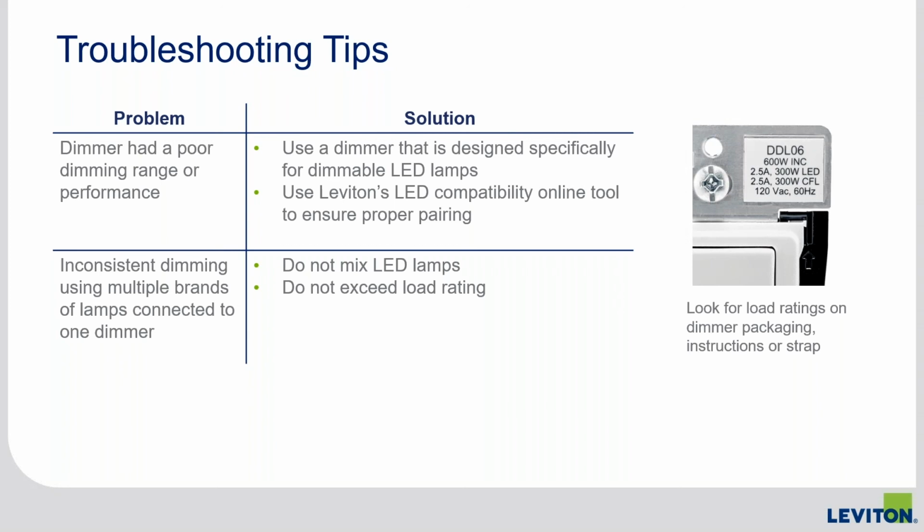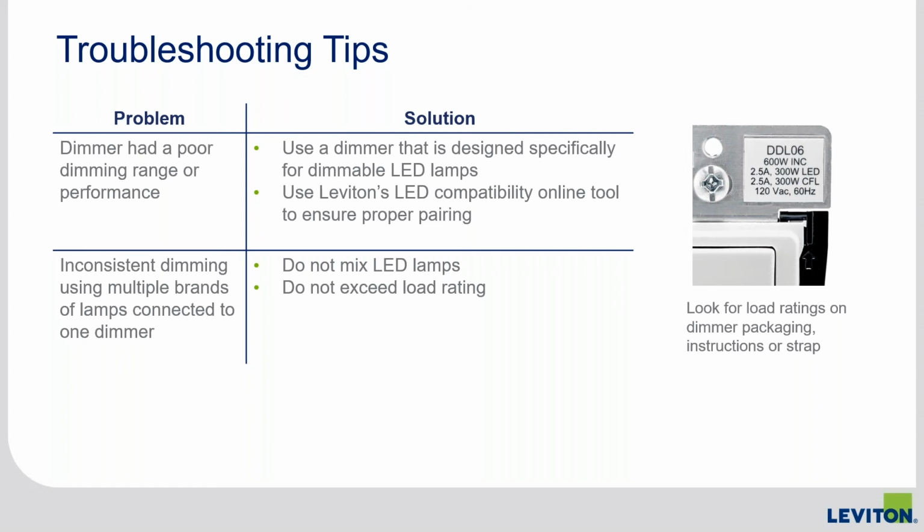If you go into an application and you're not familiar with the dimmer, you can always look at the top right to see the load ratings on the product. If it's not there, you can check the back of the device, or find it online on the Leviton website. We now provide the wattage rating, and for LED we also provide the amperage rating, because different LEDs are marked in different ways.